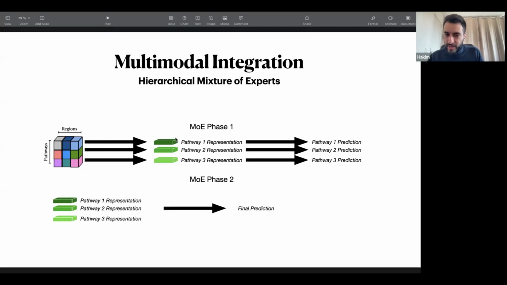Then we have a sub-representation per pathway that goes through the second phase, where we learn the weights for each pathway. So here we have the weights for the pathways and the weights for the corresponding regions. And those weights will then be used for the interpretability parts.